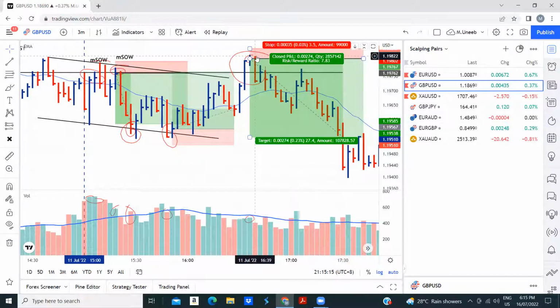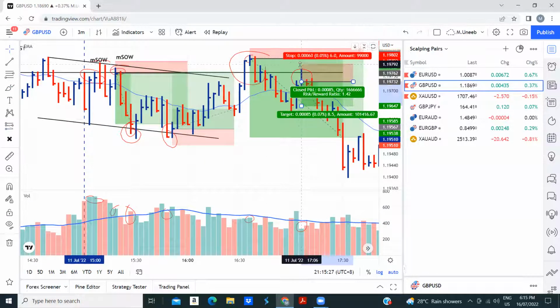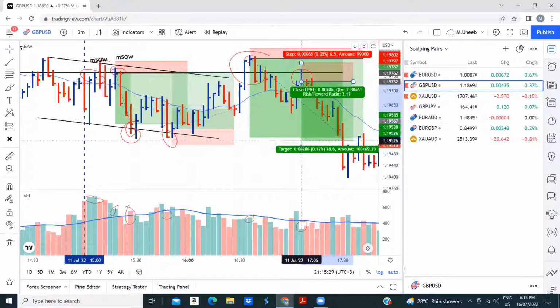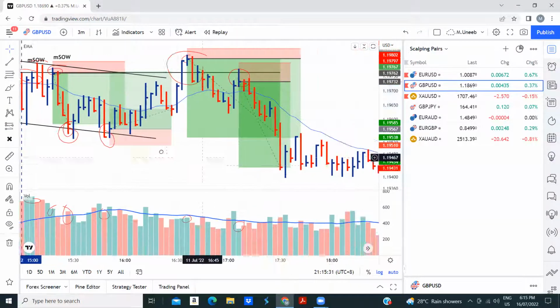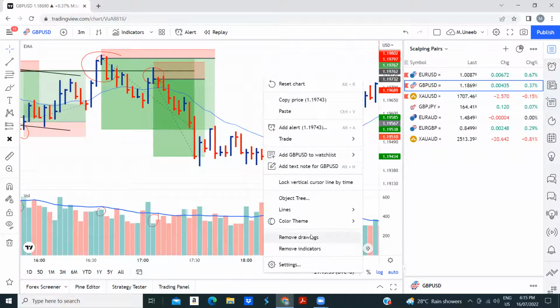If we miss this opportunity, we get another opportunity here with no demand. So we have several entries here. Can you see? With the structure we were very clear. And now what happened again?